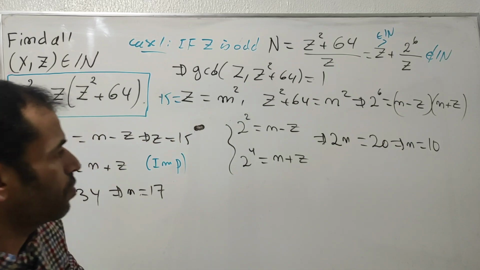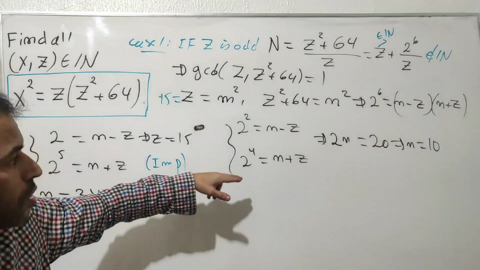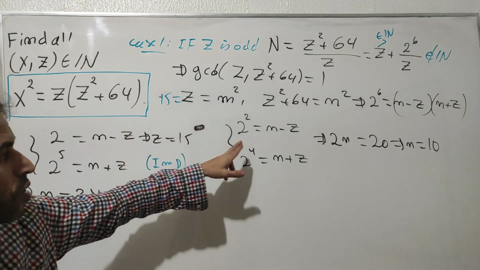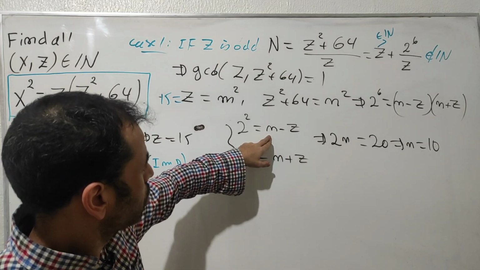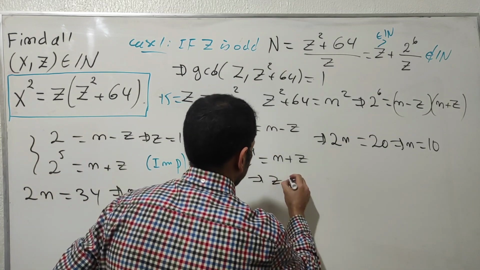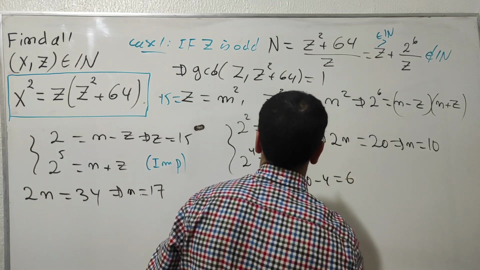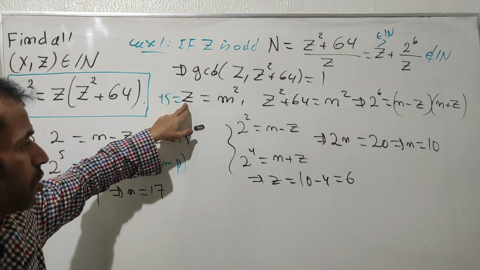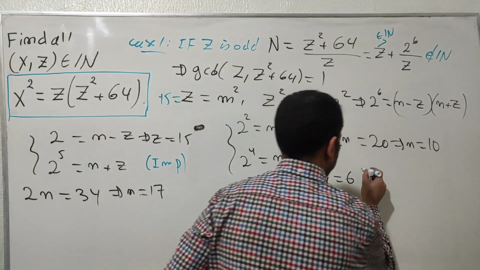Doing the same thing as I did before in the previous system, replacing n with 10, we get z equals n minus 4, so 10 minus 4, which equals 6. Remember, z was odd. Now we found z is even, and also not a perfect square. So it's also impossible.